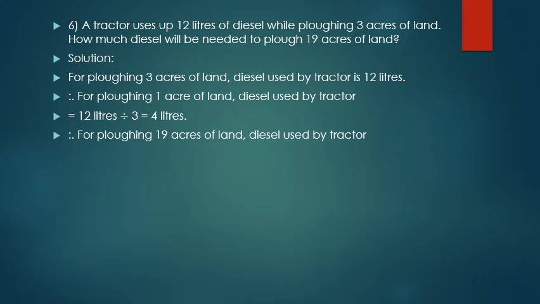Therefore, for plowing 19 acres of land, 4 liters multiplied by 19 equals 76 liters. So, the answer is 76 liters of diesel will be needed to plow 19 acres of land.